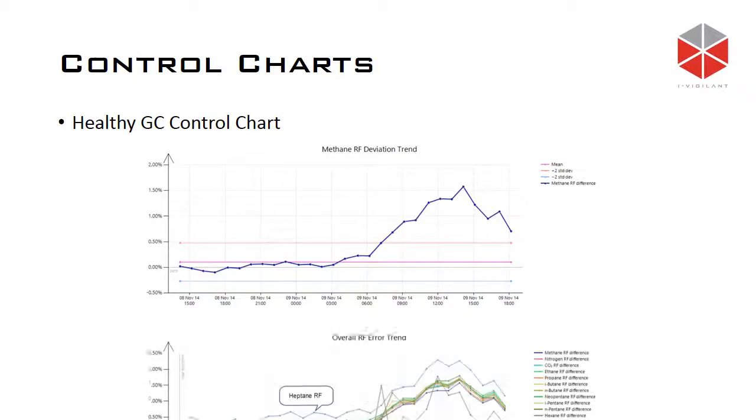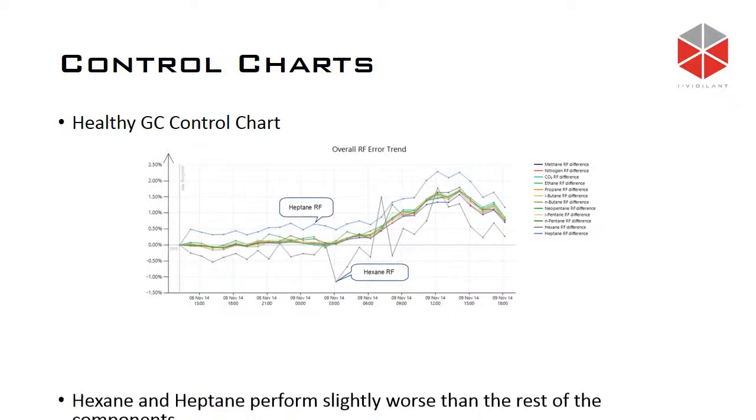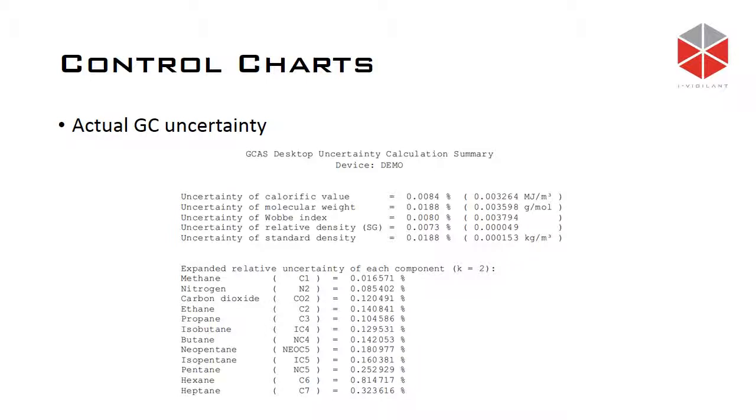But if you look at everything in harmony, everything all together as a whole, you actually see everything goes up and down in harmony. We do have slightly worse hexane and heptane response factors than the rest, but it doesn't really mean that the GC is bad. What it means is that heptane and hexane will have higher uncertainty values than the rest of the components.